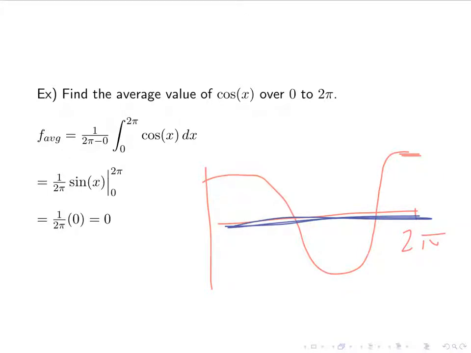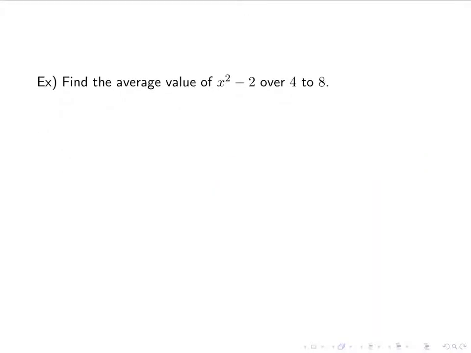Okay. Let's try one last one. Find the average value of x squared minus 2 over the interval 4 to 8. So again, we're going to take 1 over 8 minus 4 and then integrate across 4 to 8 of x squared minus 2 dx.